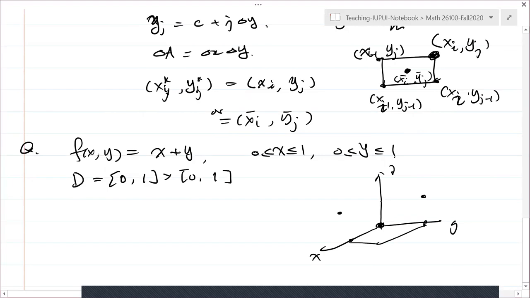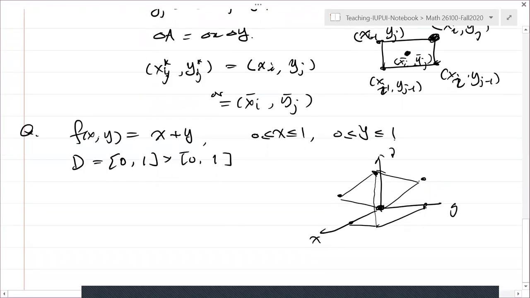And then even higher here. It's not easy to draw that. Anyway, it's like a piece of plane cut through the origin of the coordinate system.